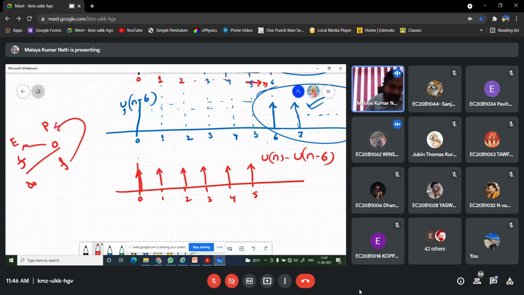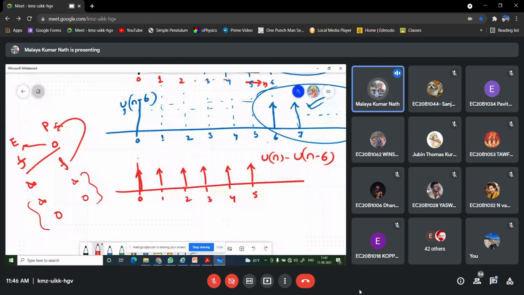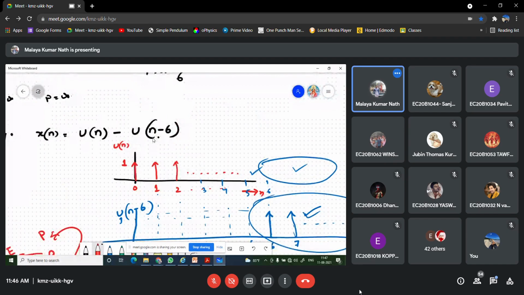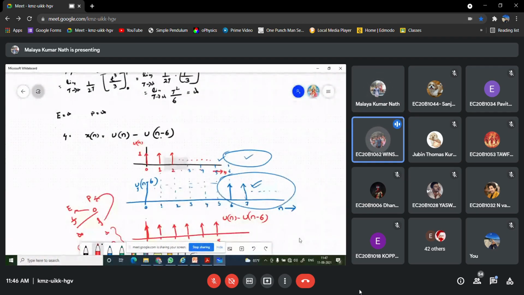If both are infinite or both are zero, then this is neither an energy nor a power signal. So in this case, I have one example, u of n minus u of n minus 6, and I am telling you to check whether it is an energy signal or a power signal. So you have to check it.